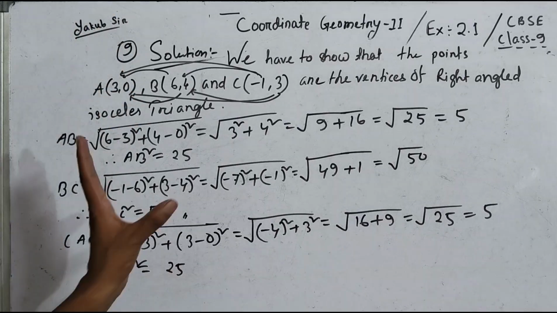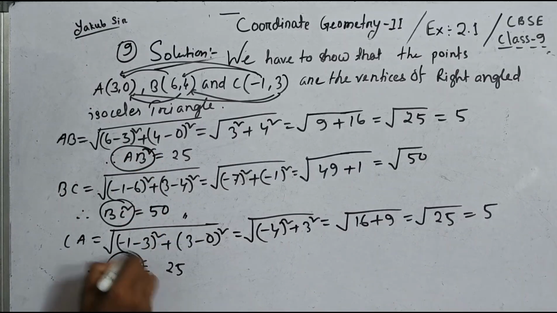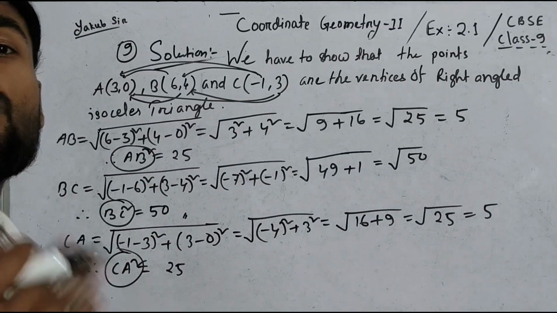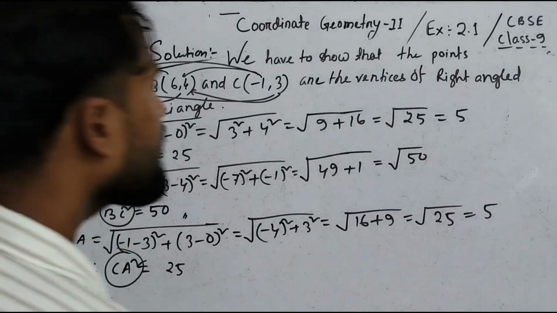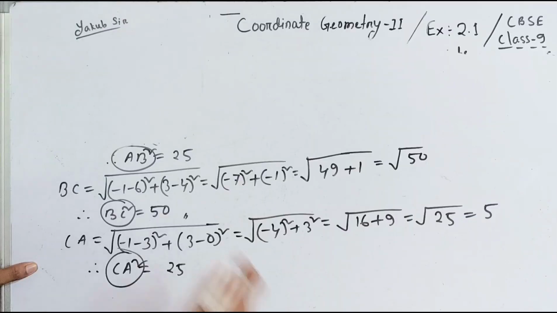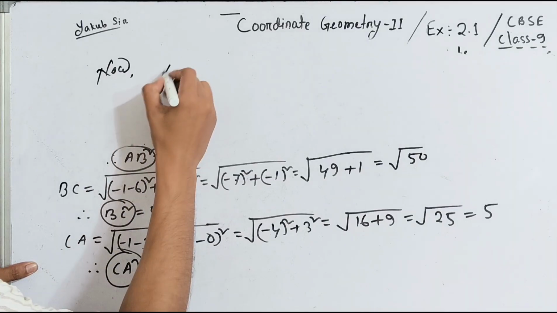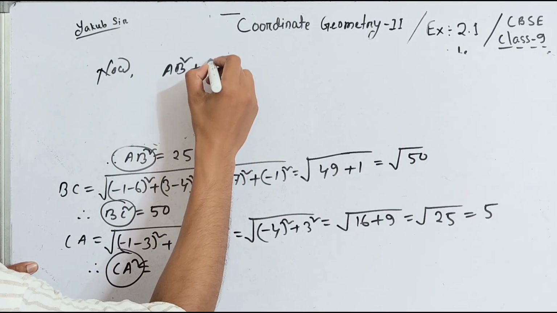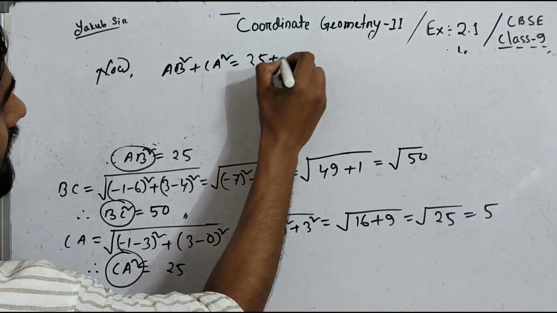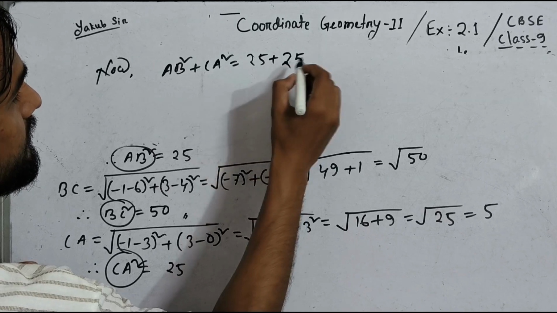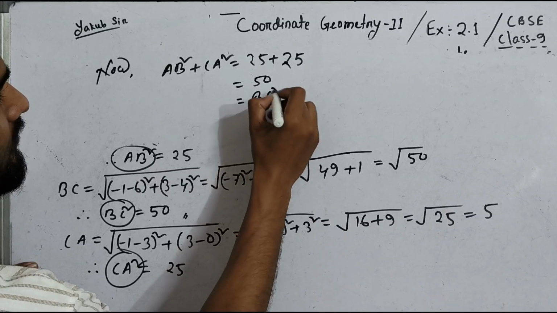Now we shall prove that the sum of any two of AB square, BC square and AC square will be the third one. Let's see: AB square plus CA square equals 25 plus 25, which equals 50. 50 means BC square.